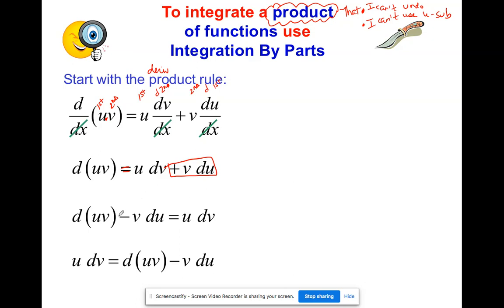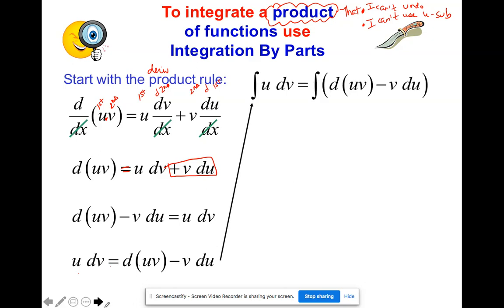Then I just used the reflexive property of equality, right? U dv was on the right, I made it on the left, and it is equal to this side. Now I integrated both sides. You see the dv was already there. I integrated both sides. What is the integral of a difference, though? The difference of the integrals.